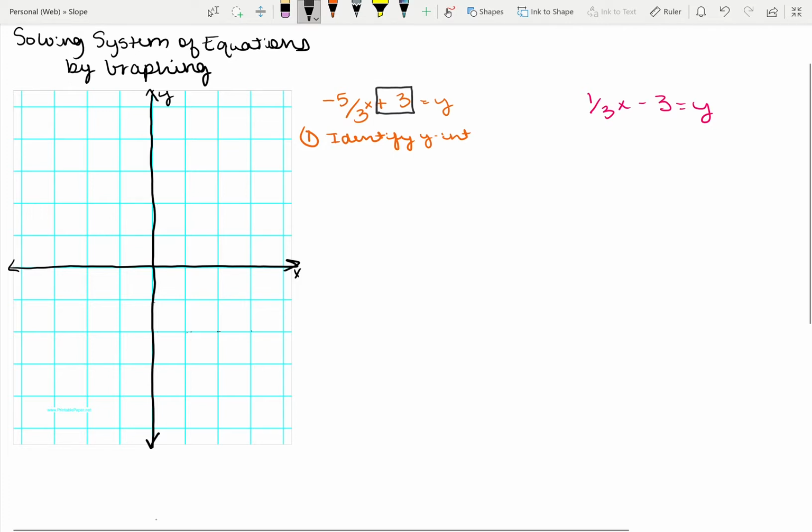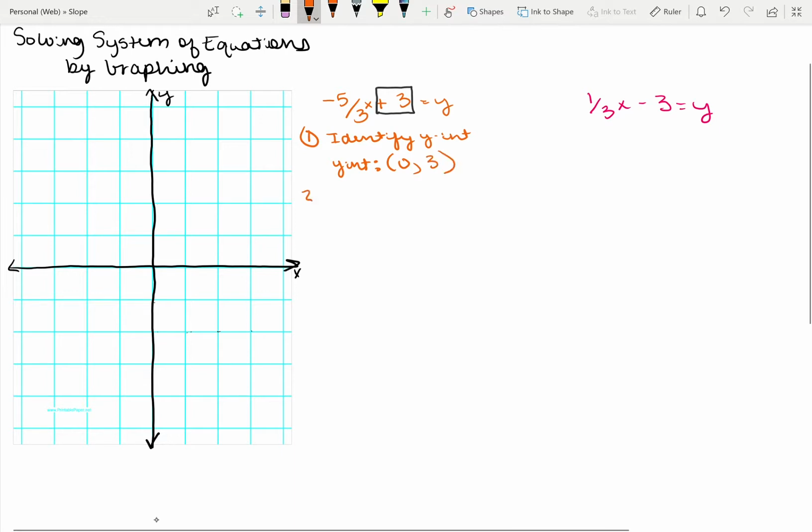As we include our y-intercept, we need to make sure that we include the sign, or the operation, that's in front of it. The operation tells us the sign of that number. So in this case, we represent the y-intercept as when x is 0, y is positive 3.